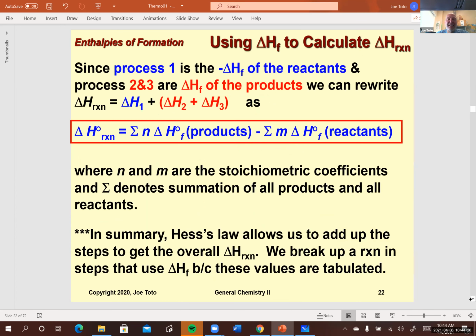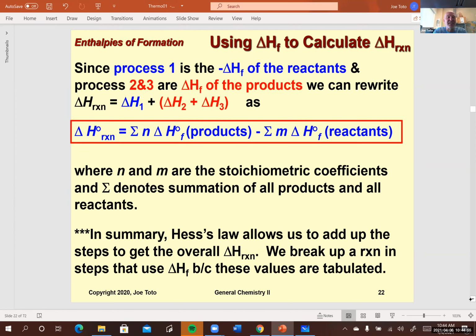All right. Now, having said that, I think it's really neat and important to understand how to reason through that logic. But as far as calculating delta H of reactions, it's a lot simpler. You don't have to understand that logic.